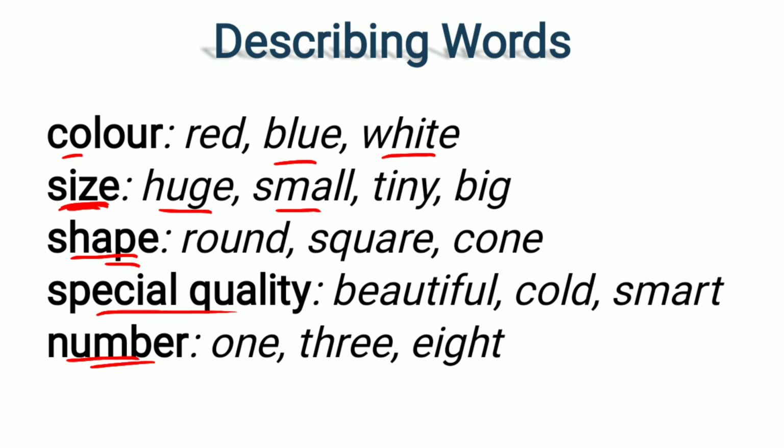It is color, size, shape, special quality and number. Understood, children? So once again, we can use color, size, shape, special quality and number to describe the naming words.